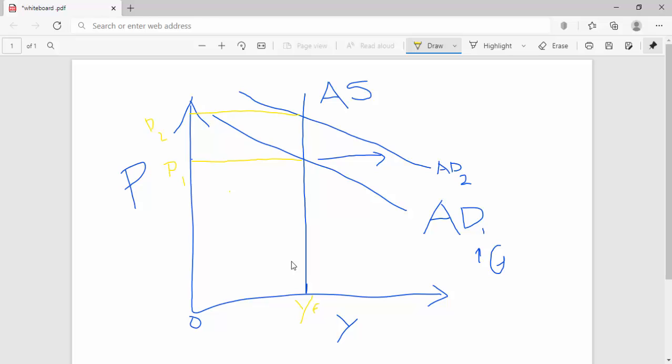What this means is that even if you have an idea to increase output, the thinking is that because you are already operating at full employment, there is no unemployment, and you are maximizing the use of all your resources, there's nothing you can do to shift this aggregate supply curve.